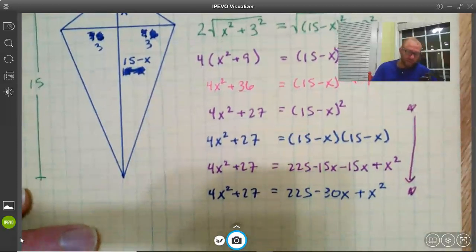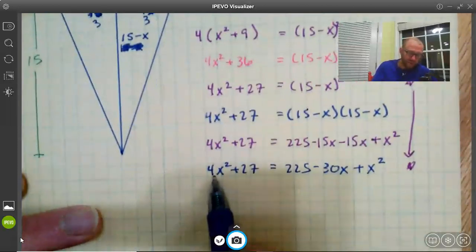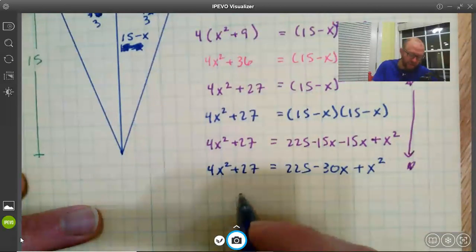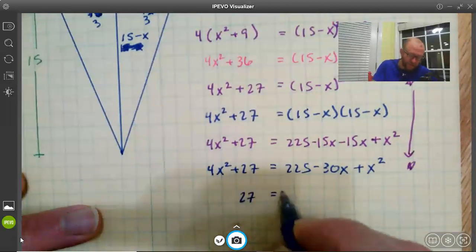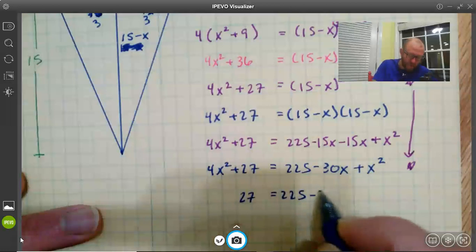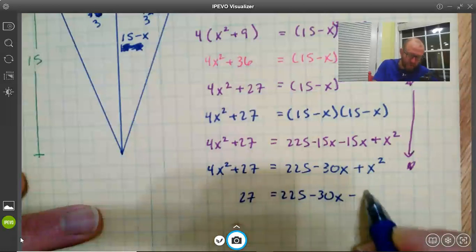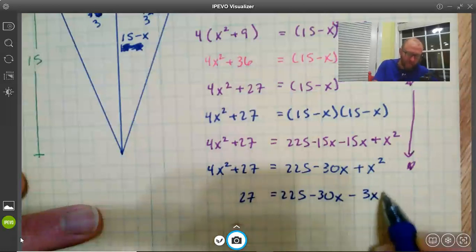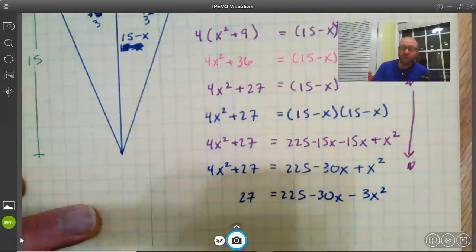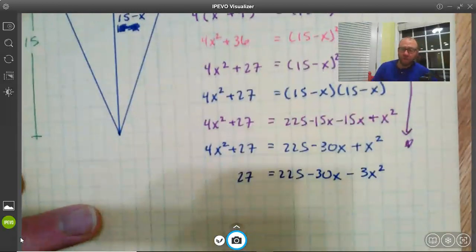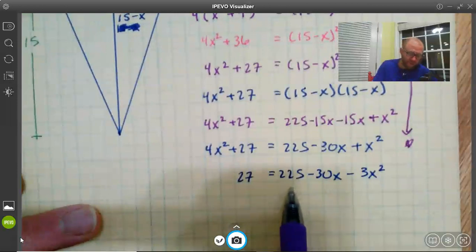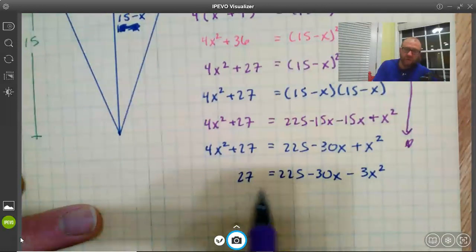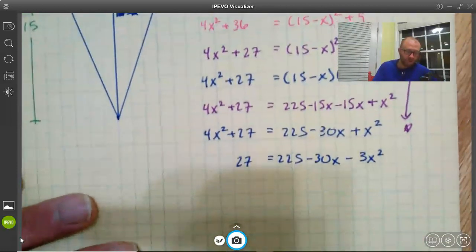Okay, so let's do some combining of like terms. I'm going to take 4x squared from each side, which equals 225 minus 30x minus 3x squared. Now what I want to do is take this 225 over here, so I'm going to subtract 225 from each side.